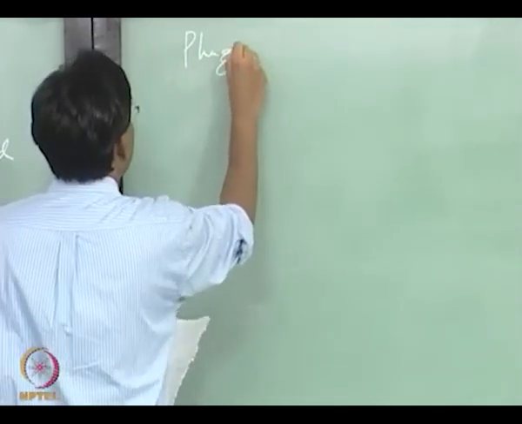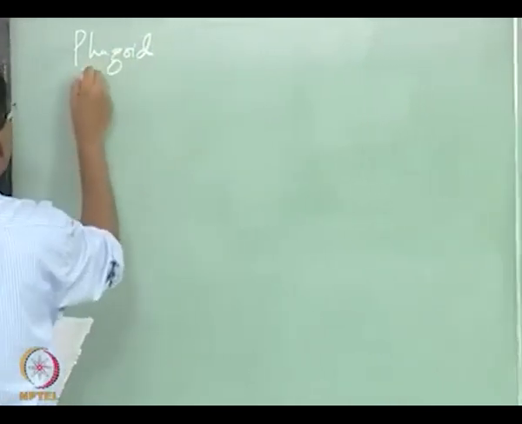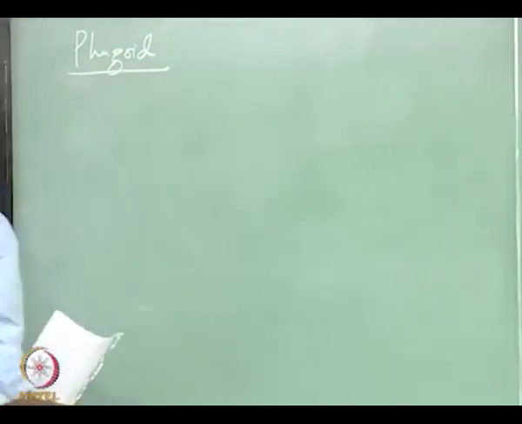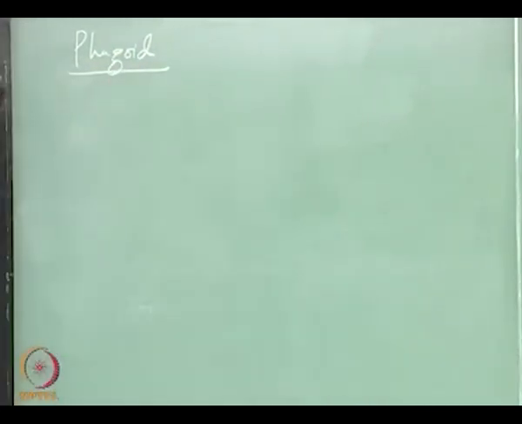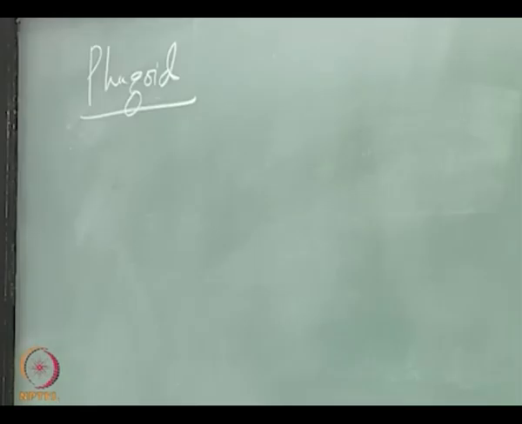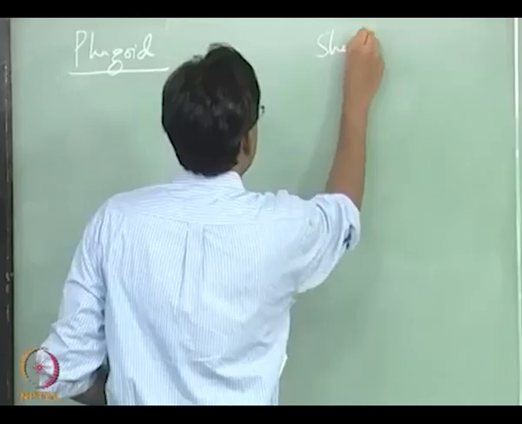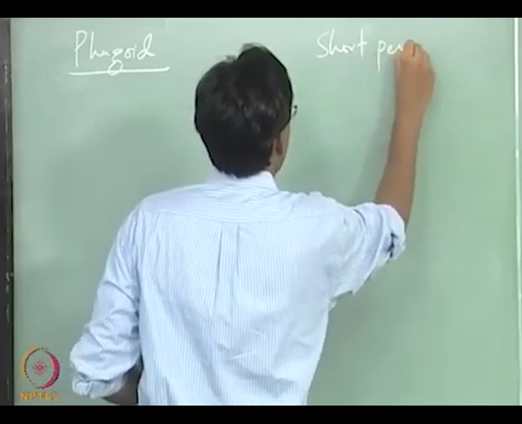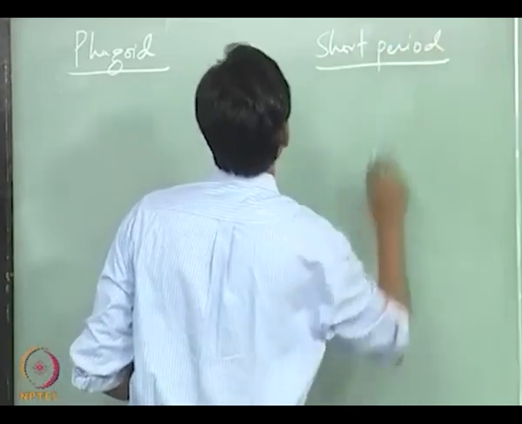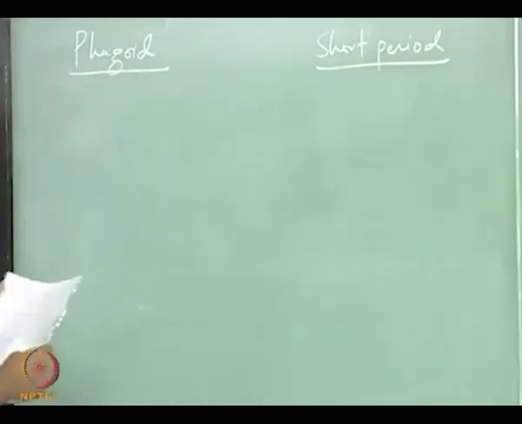So, let us list down now the characteristic parameters which define the aircraft perturbed motion corresponding to the phugoid and short period modes, and we will list down here the exact and the approximate values.